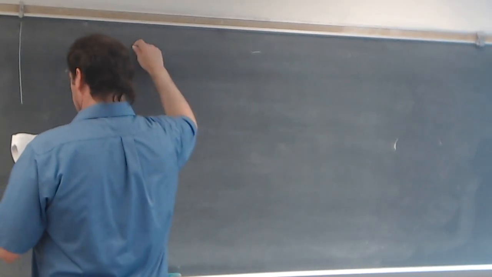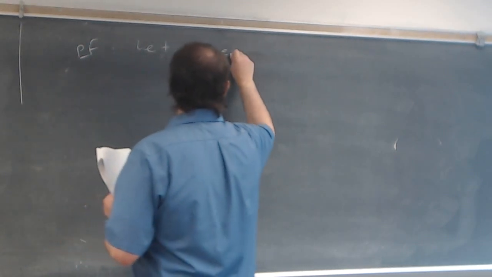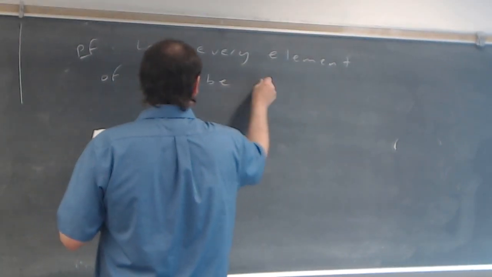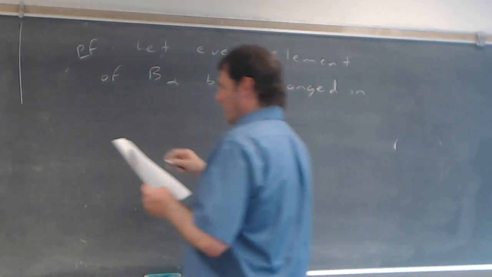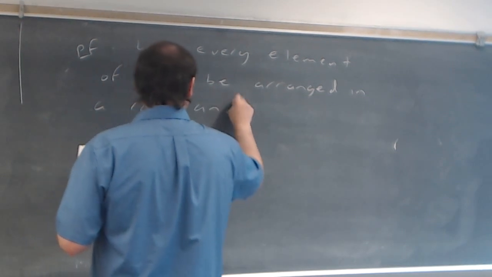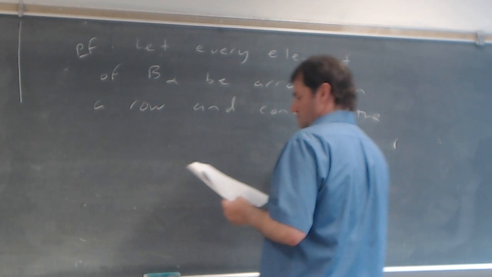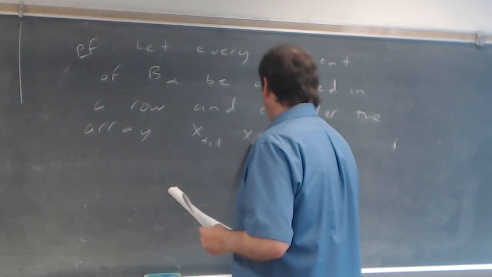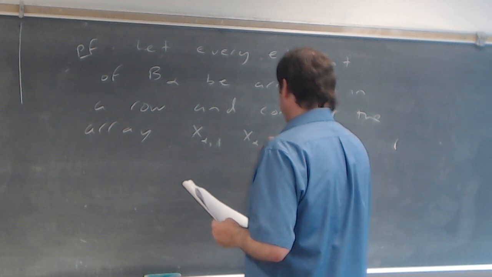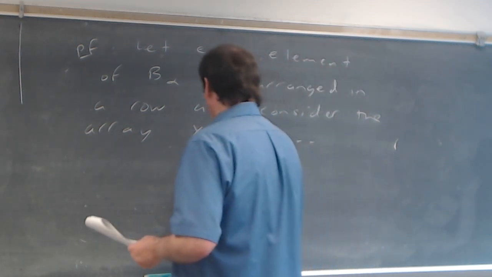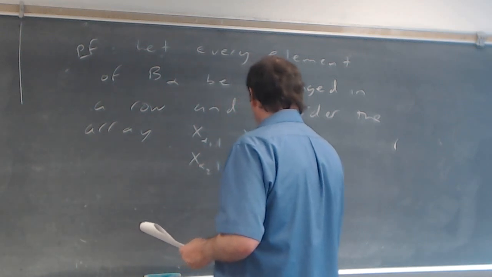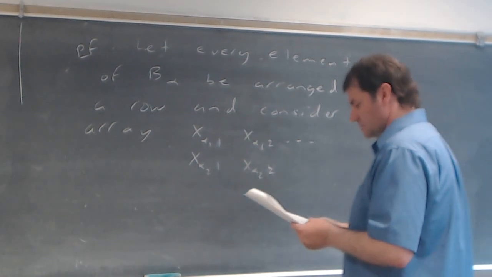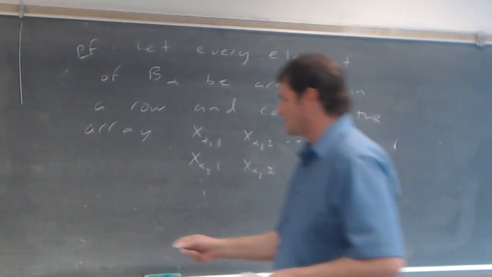So what we do is we let every element of B alpha be arranged in a row and consider the array: x alpha sub 1, 1, x alpha sub 1, 2, forever, and then x alpha sub 2, 1, x alpha sub 2, 2, and I said forever, but it may not go on forever. And so forth.